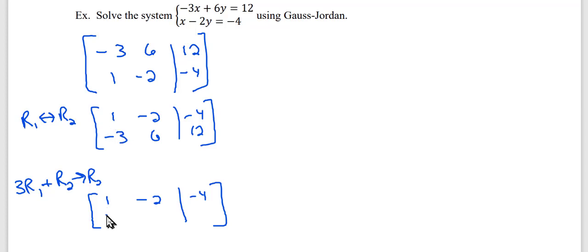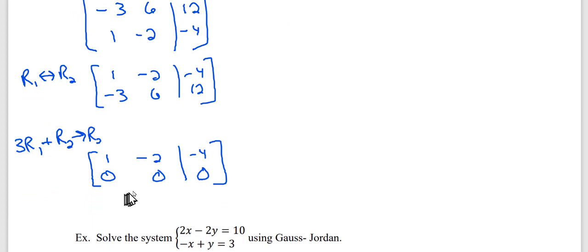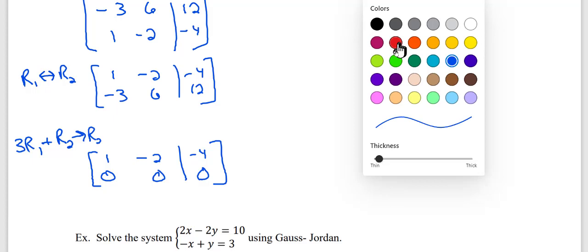3 times 1 plus -3 is 0. 3 times -2 is -6 plus 6 is 0. 3 times -4 plus 12 would also be 0. So what just happened here is I got this bottom equation.